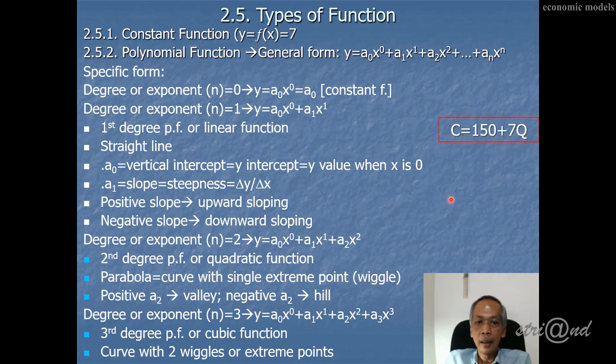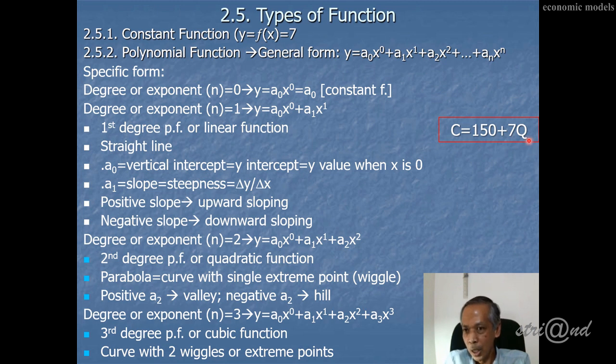And then we can also see the slope. The 7 here is the slope of this equation. It shows the steepness of the graph of this equation. Mathematically, it can be expressed as the change in y divided by the change in x, or in this example, the change in c divided by the change in q.